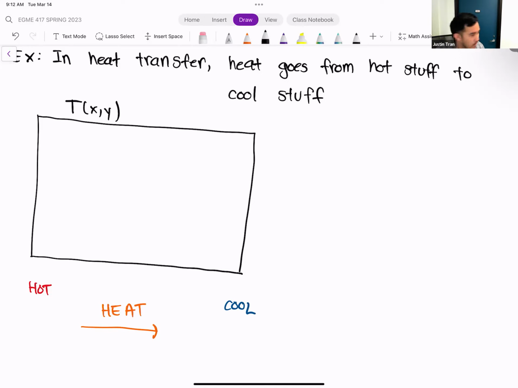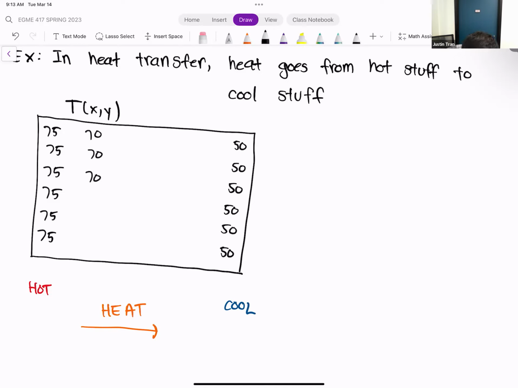If we represent this with a field function, we get the same thing. Let's say that the left-hand side of the plate is held at a constant temperature of 75 degrees C. Then as we go from left to right, the temperature is going to vary down to 50. Then we have 70, 65, 60.